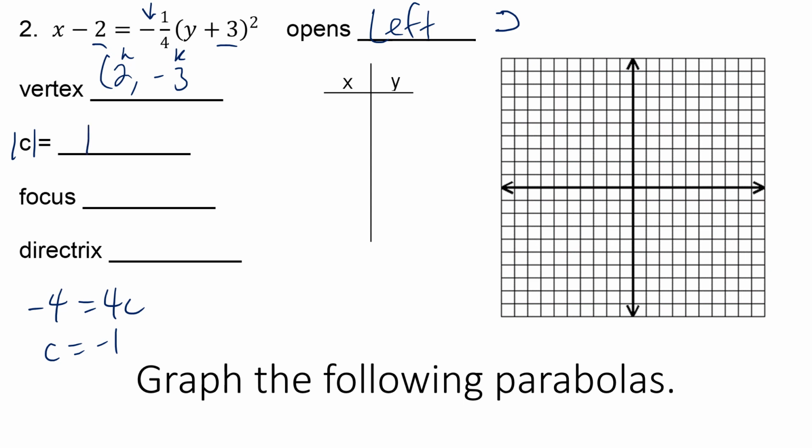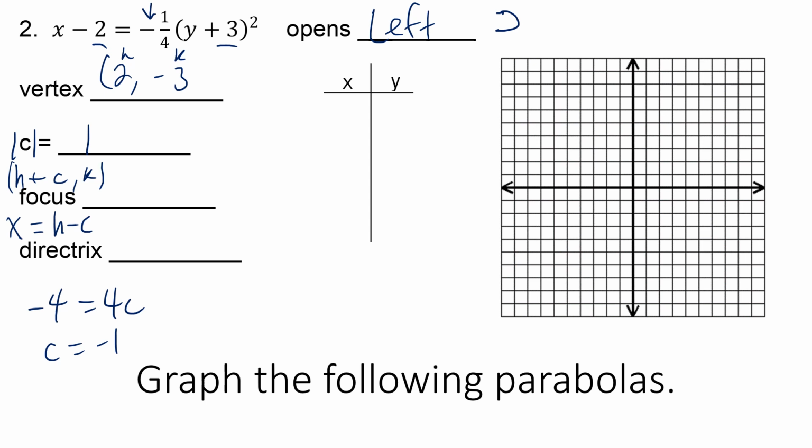Using this c, your focus is going to be your h plus your c, comma, your k. Your directrix is going to be x equals h minus c.